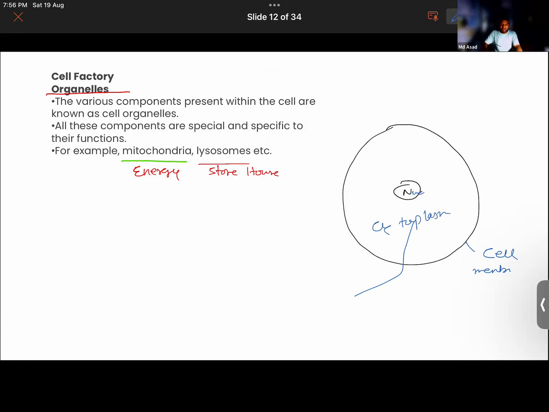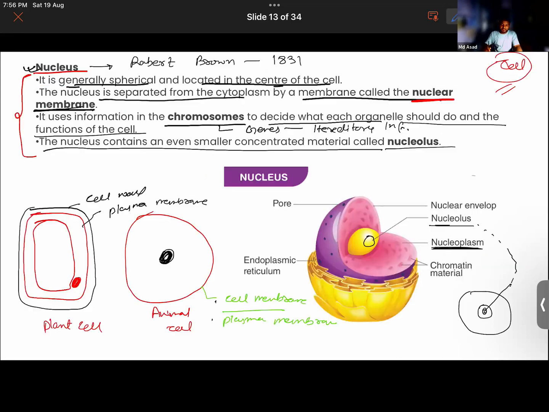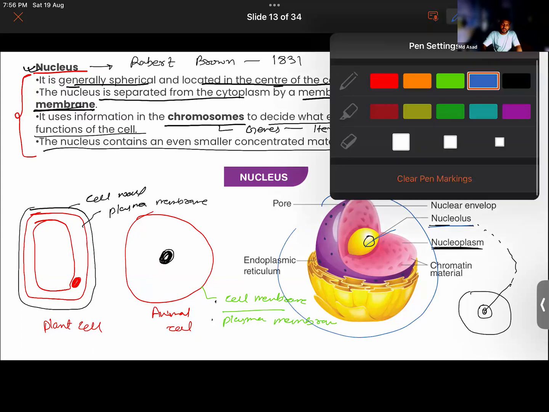This is your nucleus here, this is your cell membrane. In between that, cytoplasm exists. In the same manner, in a nucleus there's a center mass called nucleolus. So in between the nucleolus and the nuclear membrane, there's another very dense fluid that is called nucleoplasm. Is it getting clear?